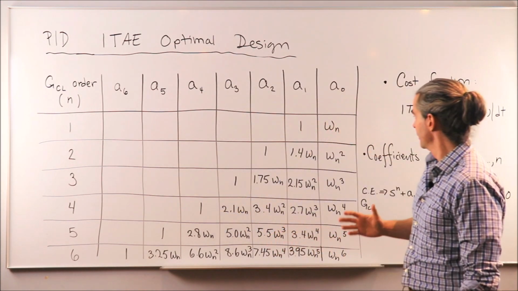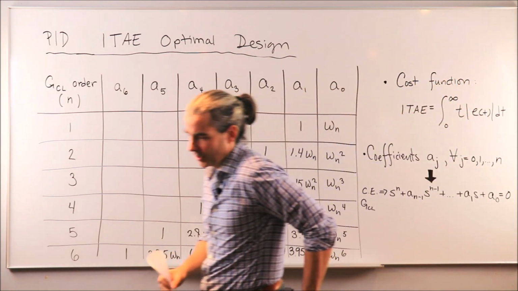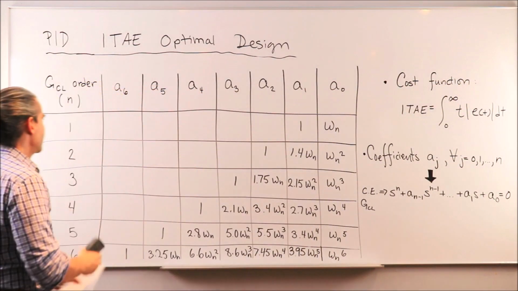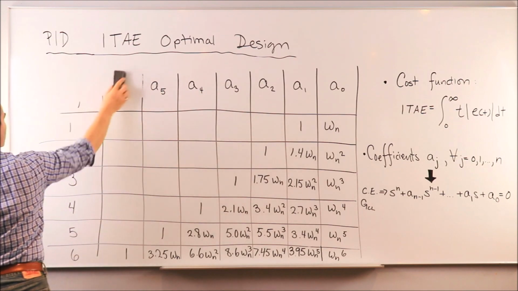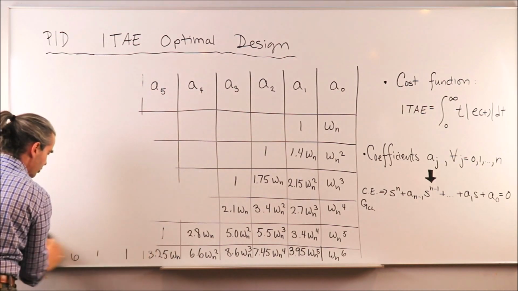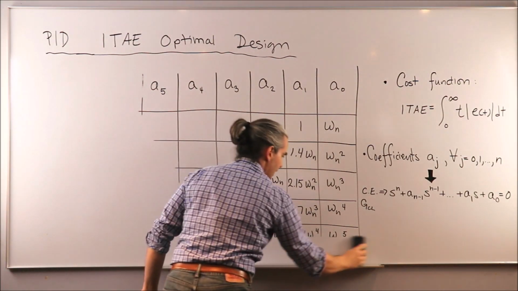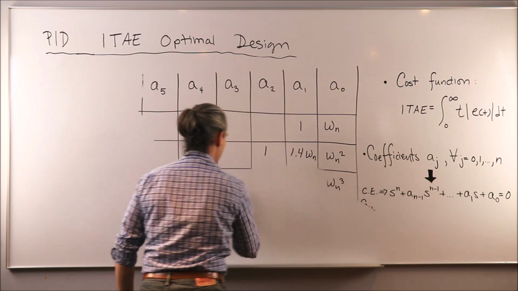All right? So let's have a look at the example that we've been using thus far in terms of designing our PID controller, where we had our plant with one pole at the origin, one pole at s = -1, and another pole at s = -5.